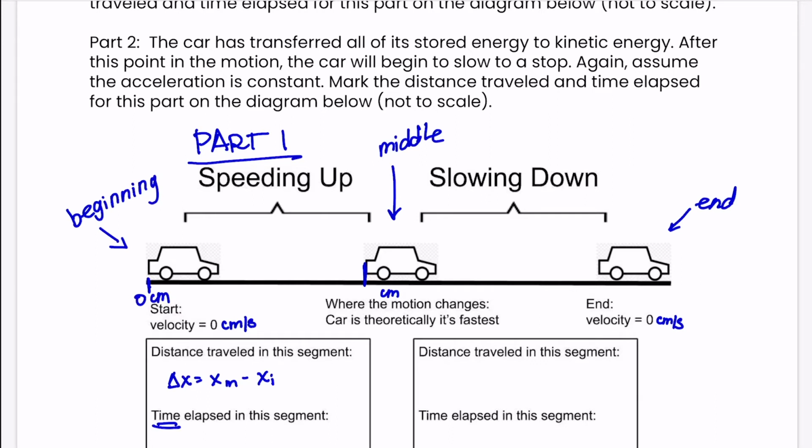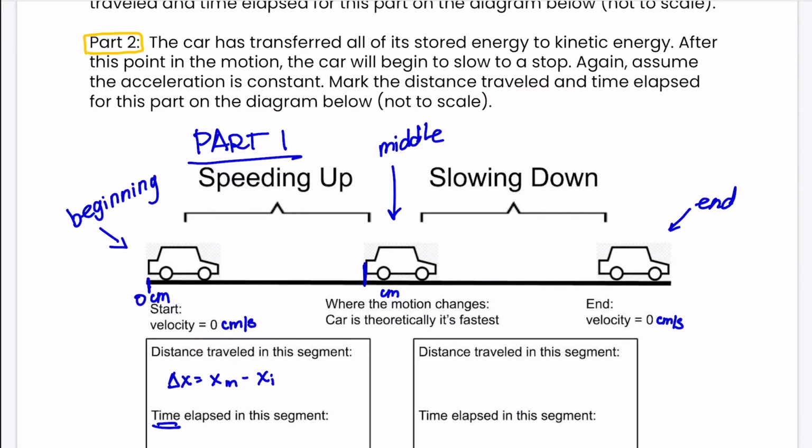Now, if you're going to do part two, the car has transferred all of its stored energy to kinetic energy. After this point in the motion, the car will begin to slow to a stop. Again, assume the acceleration is constant. Mark the distance traveled and time elapsed for this part of the diagram below.